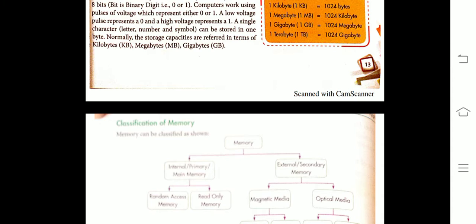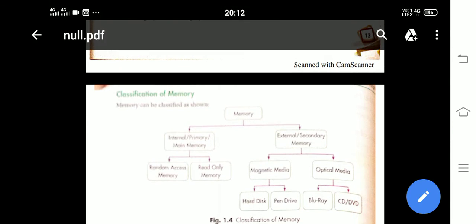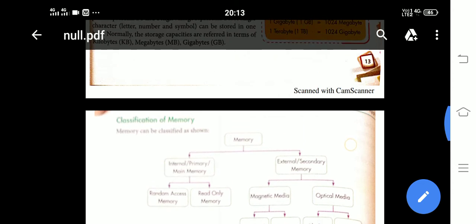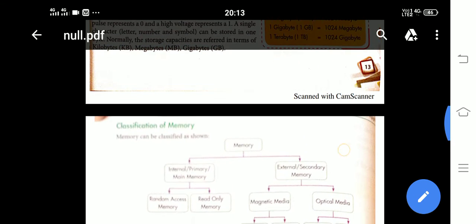Once again, 1024 petabytes equal 1 exabyte, 1024 exabytes equal 1 zettabyte, and 1024 zettabytes equal 1 yottabyte. Yotta is spelled Y-O-T-T-A.